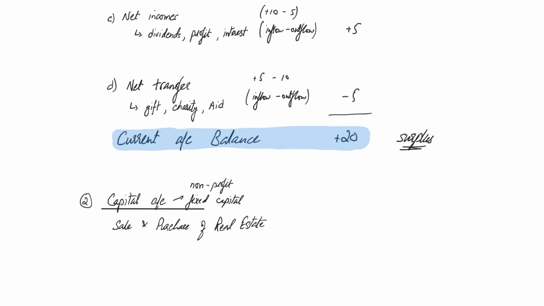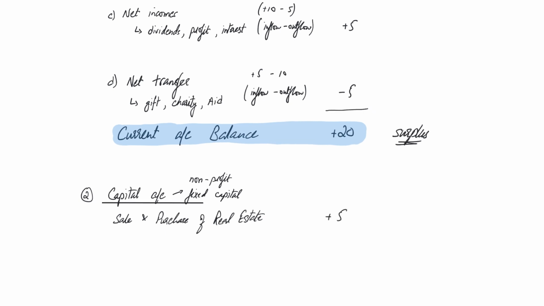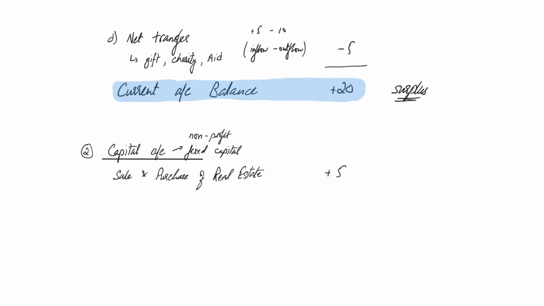So anyway, let's suppose after the sale and purchase you're getting a net effect, so you don't have to work a lot. 10 would be too much. Let's say you have a plus 5 in the capital account. This has already been netted, okay? I have done inflow minus the outflow in this.